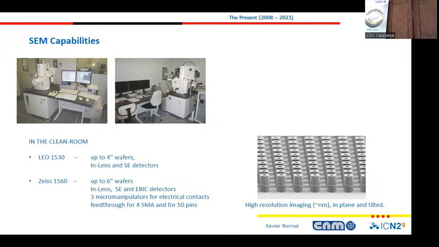In fact, the Leo is now not working, so we only have this one. This one allows 6-inch wafers and has the same detectors plus a current detector. And because it was the FIB, we have some micromanipulators that we use for making lamellas, but also for making electrical contacts. We have FIB through, so we can make electrical contacts inside and explore the cell. Okay, so for the SEM, just to remind you, it's basically imaging.